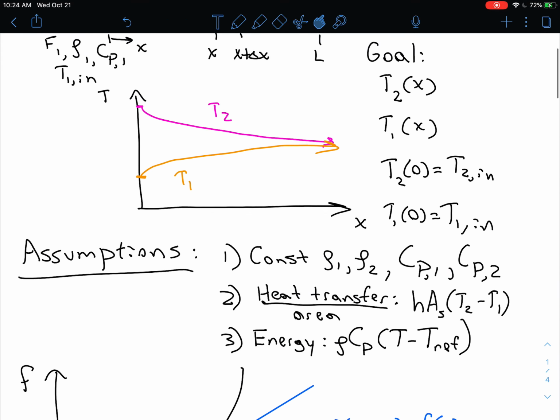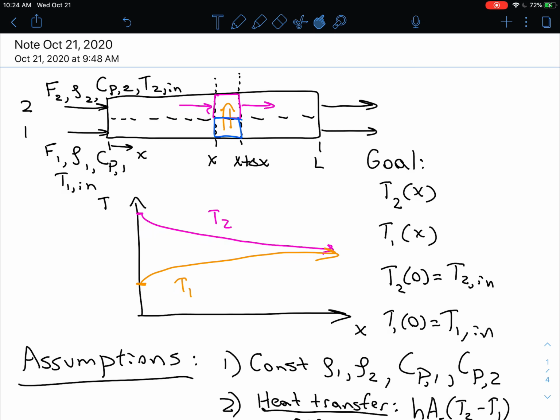I want to point out one last thing, and that is what happens if the direction of a stream changes. So I'm going to use green lines. So we also, in chemical engineering, consider countercurrent flow. So if I were to change this flow direction, what would actually change? So the balance on stream 2 would actually not change at all, right?